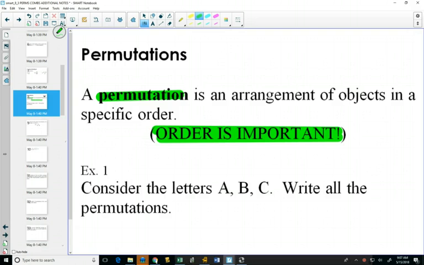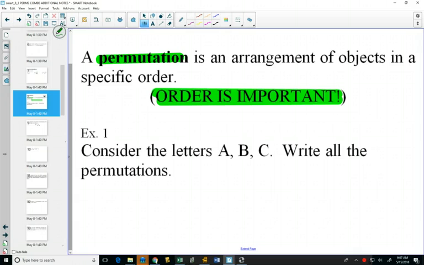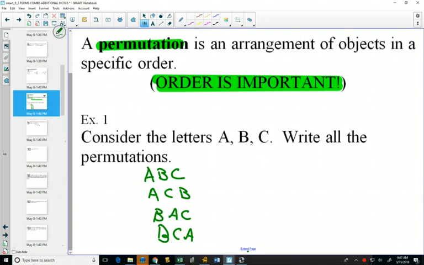So far, if you wanted to write all the permutations of A, B, and C, well, you could just start listing them. You could maybe make a tree diagram if you wanted to, if that would help you.